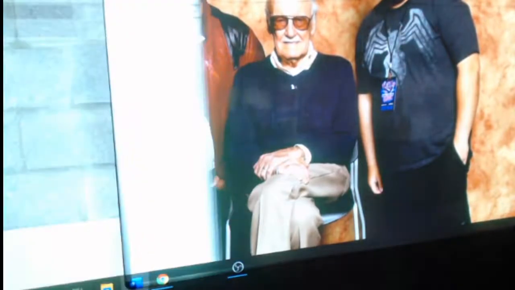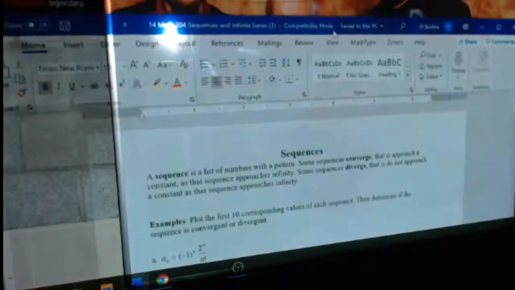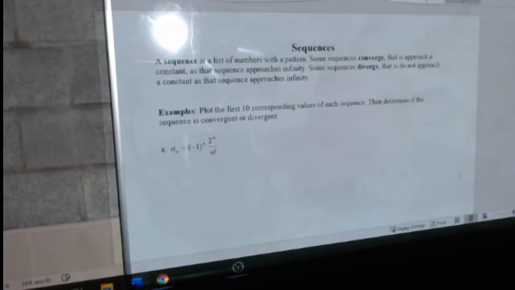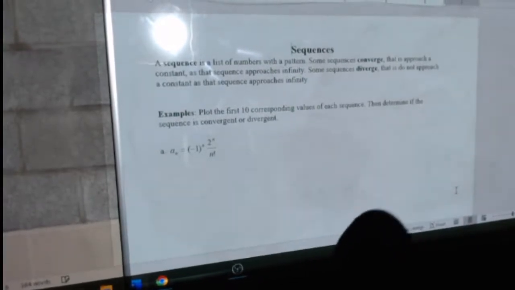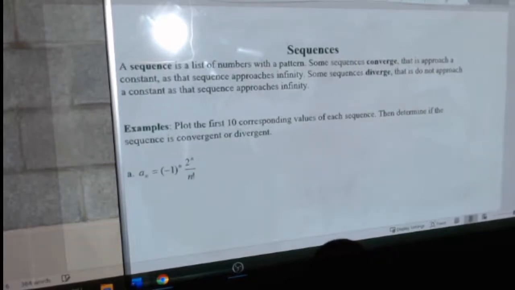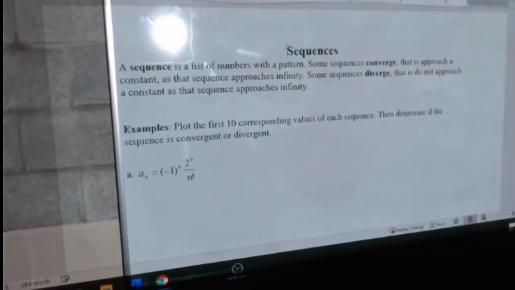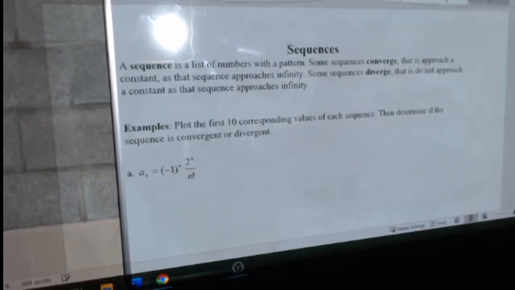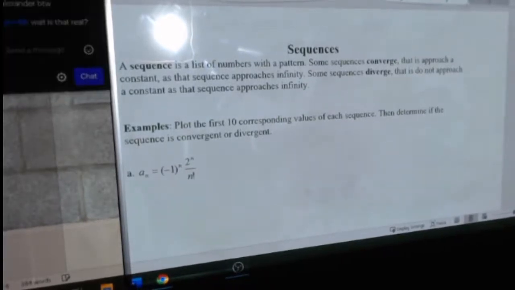I can see the chat going crazy, but I can't read it because I'm doing stuff. Let's get the chat back up. I lost it.